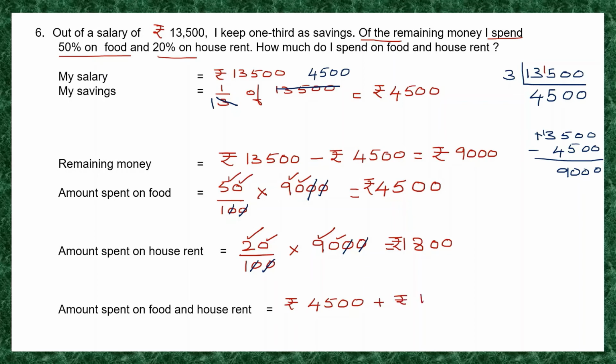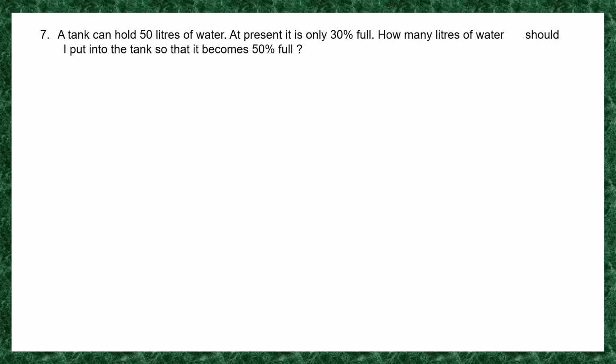So we'll add these two and see how much we spent altogether. 4,500 and 1,800. 0, 0, 5 plus 8 is 13, carry 1, 4 plus 1 is 5, 5 plus 1 is 6. So the total amount that I spend on food and house rent will be 6,300 rupees.